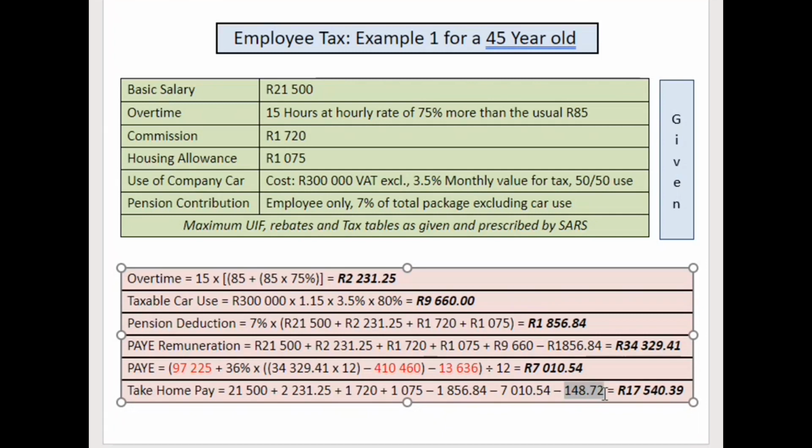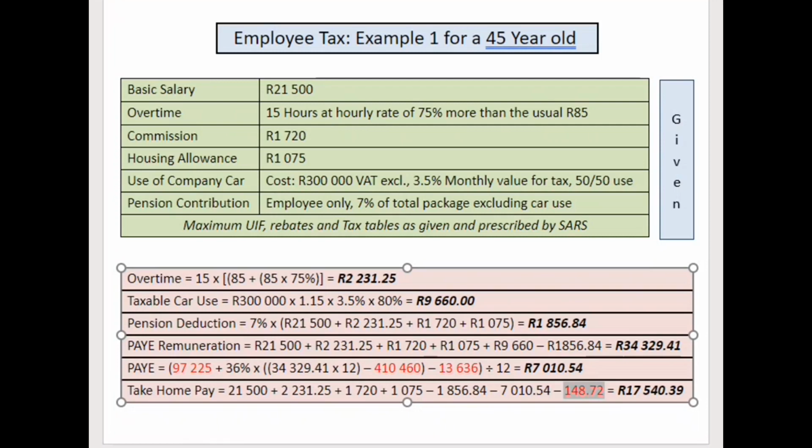It's not exactly given, but it is given. It is 1% of his maximum UIF salary. So for a guy like this that obviously earns way more than 14,000 something a month, his UIF is still capped at that amount, at 14,000 something.